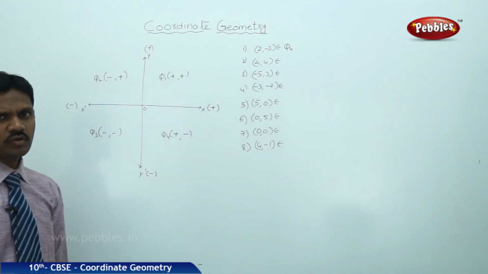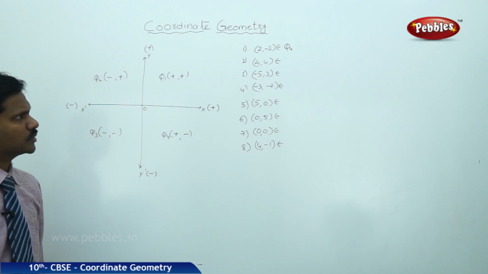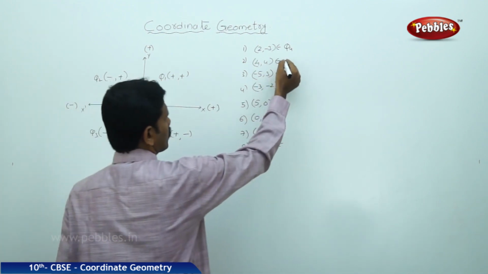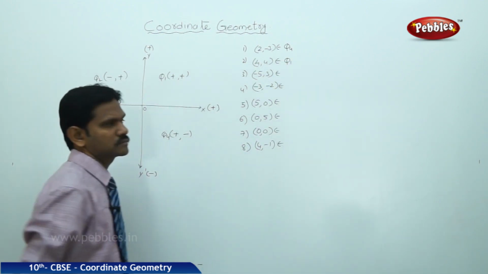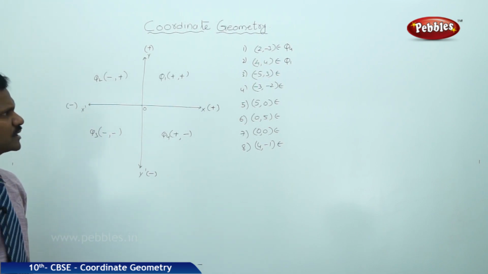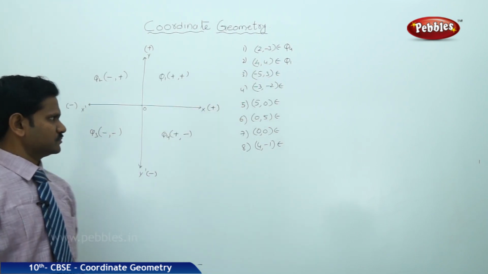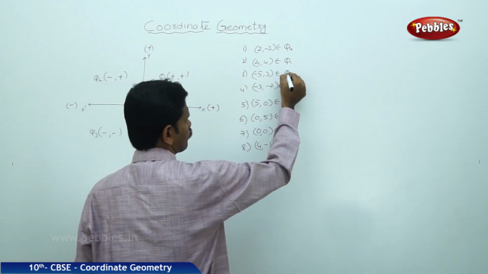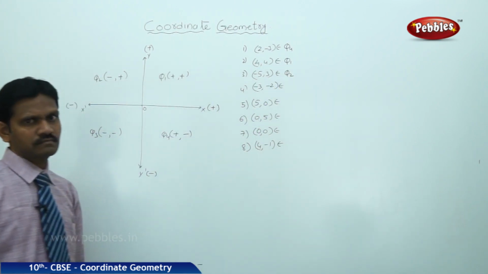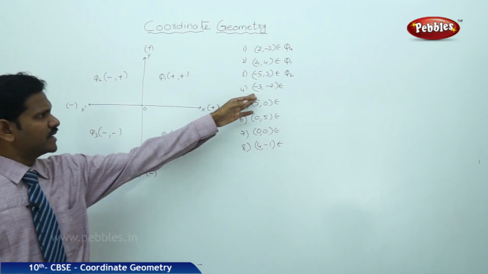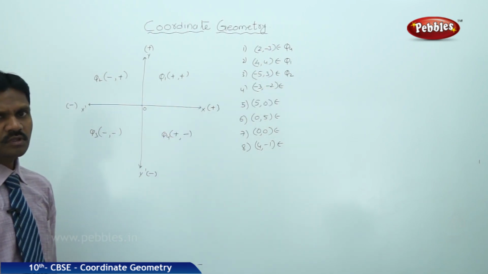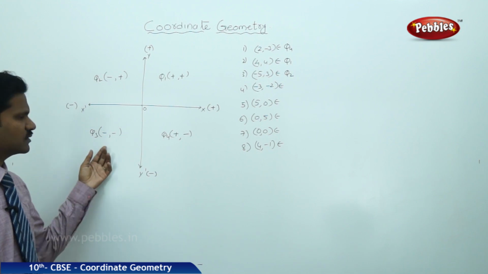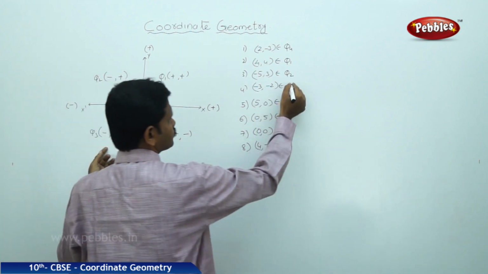Second one, 4 comma 4, both are positive, which means it belongs to Q1. Minus 5 comma 3, that is minus plus, belongs to the second quadrant, Q2. Minus 3 comma minus 2, both values are negative, which belongs to Q3.